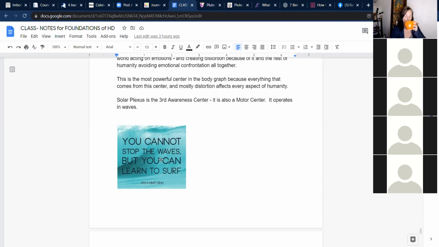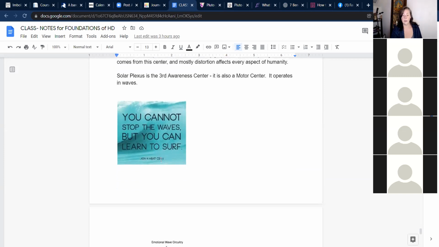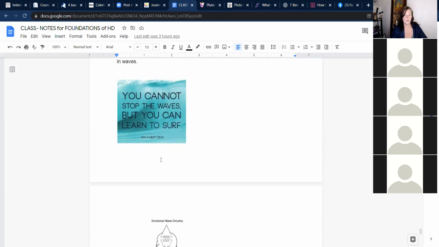And it's about learning to work with the waves, not being afraid of the waves, paying attention to know when the waves might be coming in, looking at the signs, at the clues you're being given based on how you feel, where you're at within yourself, and supporting yourself and taking care of yourself in that process. Again, whether you're defined or undefined.